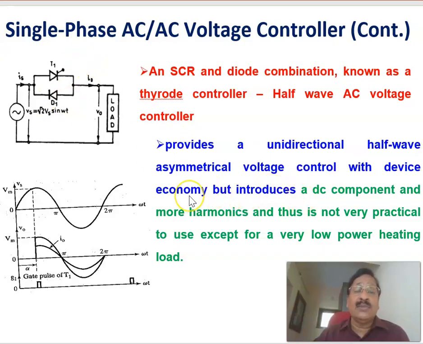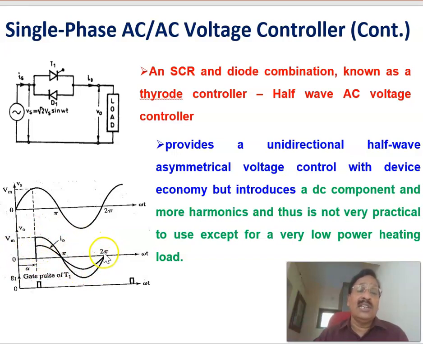but because one thyristor is replaced by a diode, as far as cost is concerned it is good, but the problem is that a DC component will be introduced. You can see the output voltage waveform: in the positive half cycle this much positive voltage is across the load, and this is a negative voltage. If you take the average value, or the summation of this area, you get a net negative value, so a DC value will be there.